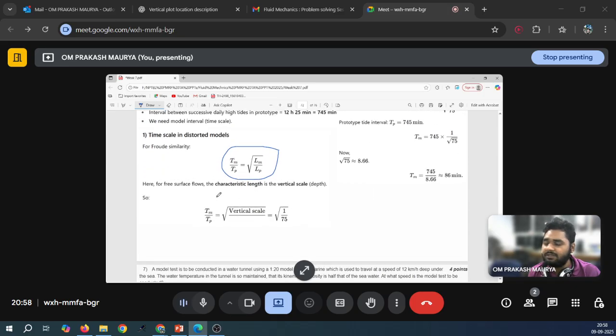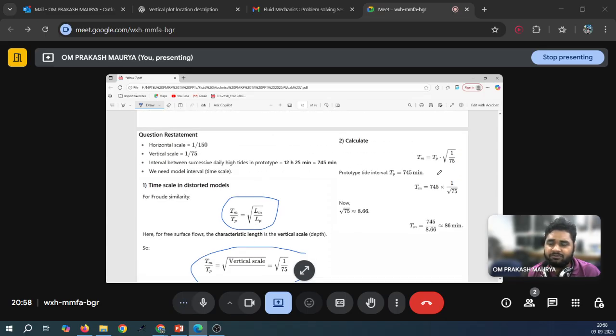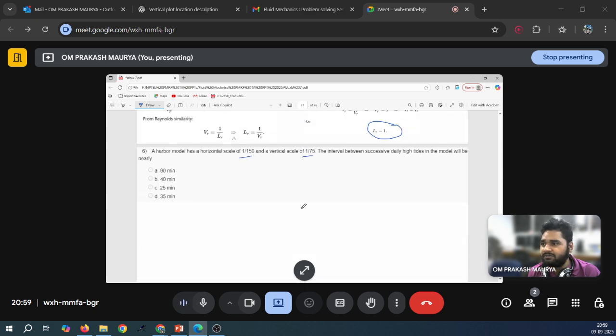So here you can see for the free surface flow, the characteristic length is the vertical scale, so Tm by Tp is 1:75 under root. So calculate. The question is given something.